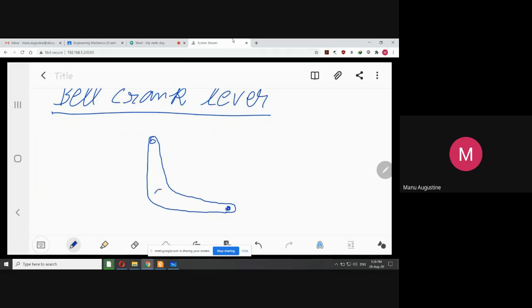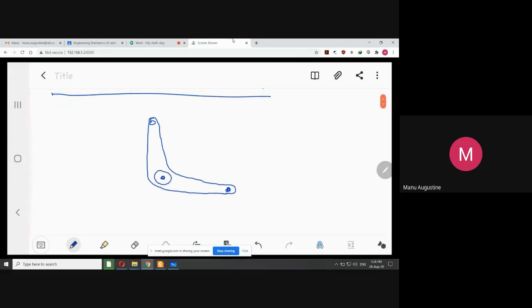This is the fulcrum point. This central point is the fulcrum. So I will draw the fulcrum also. So this is the fulcrum. Now you apply the effort towards the back side, and this is where you suspend or lift the load. So what happens is this L-shaped structure is a solid lever.